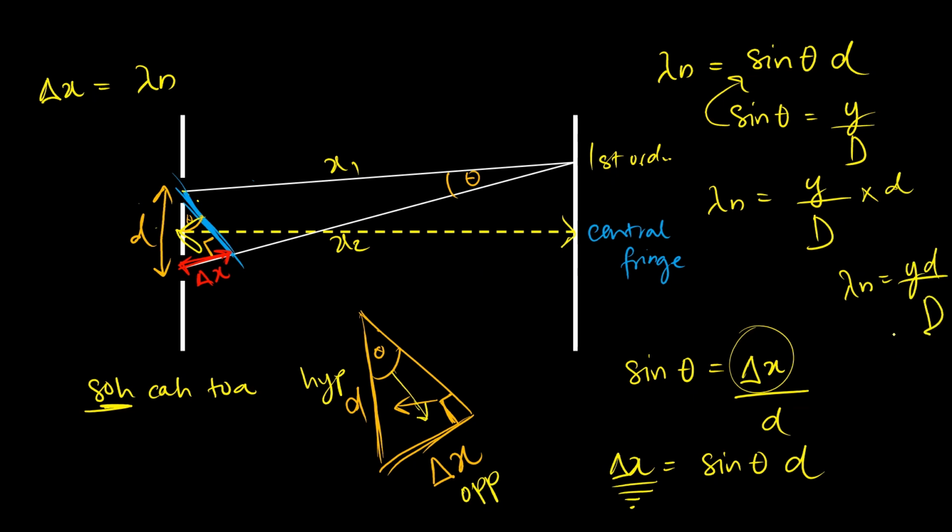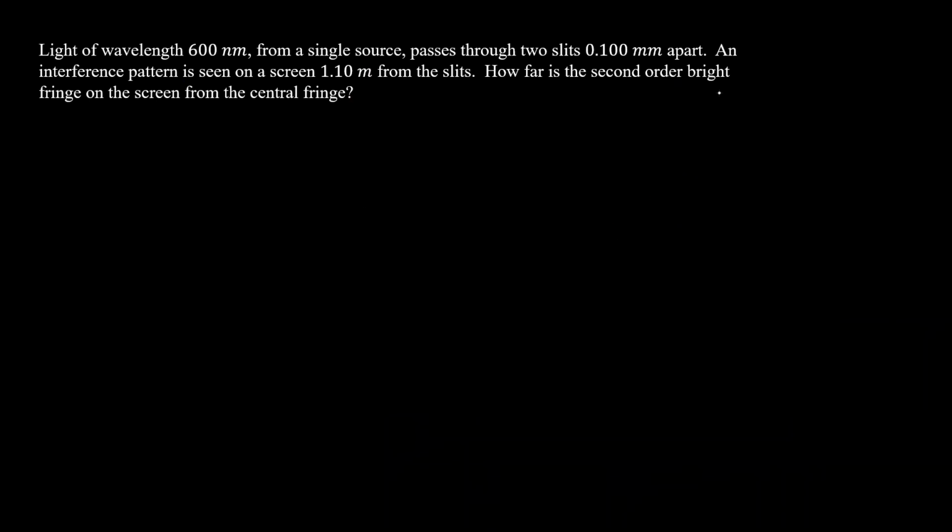All right, so let's just look at a sample problem very quickly. We have light of wavelength 600 nanometers, so lambda equals 600 nanometers, from a single source passes through two slits, which are 0.1 millimeters apart. So d is 0.1 millimeters.